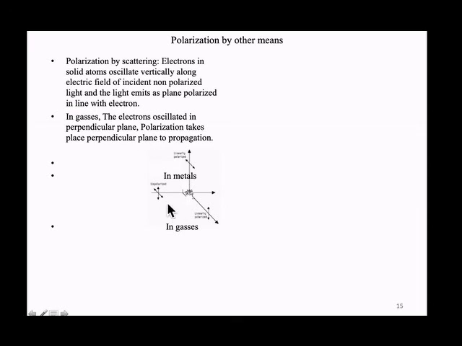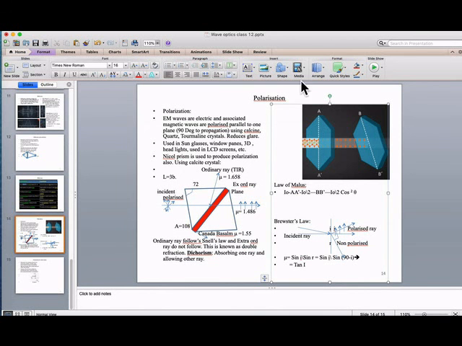Similarly, in gases also they emit plane polarized light, but at a 90-degree angle, perpendicular to the plane of propagation. But in metals, it is parallel to the plane of propagation. In gases they also oscillate, but perpendicularly to the light incidence, so they form perpendicular polarization. Okay, thank you.